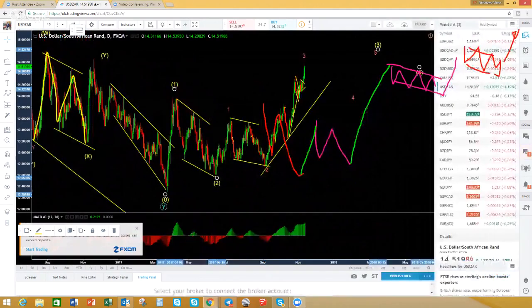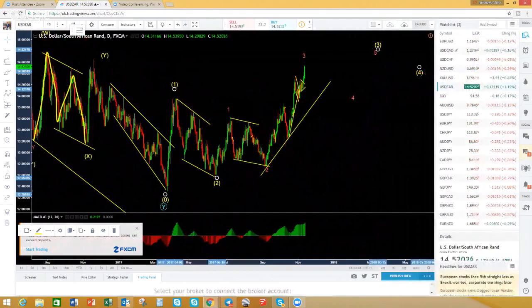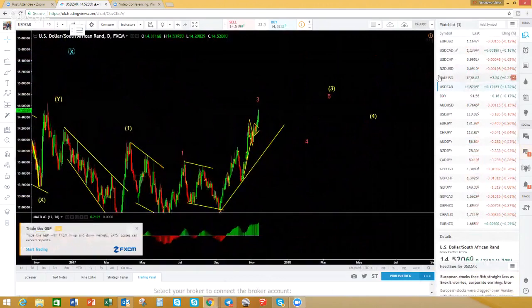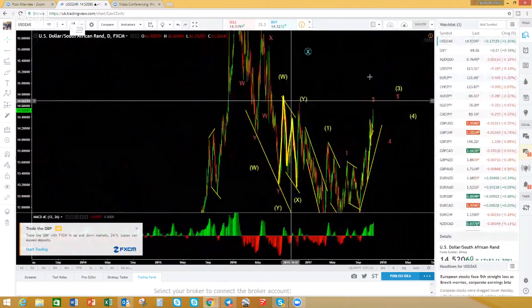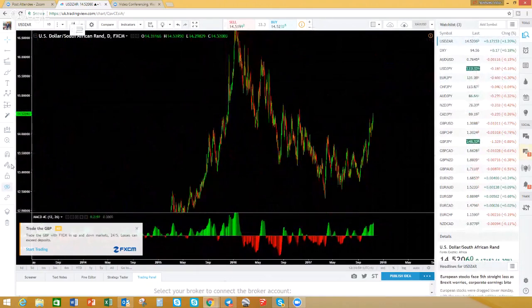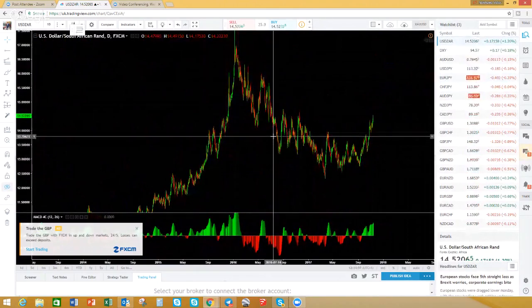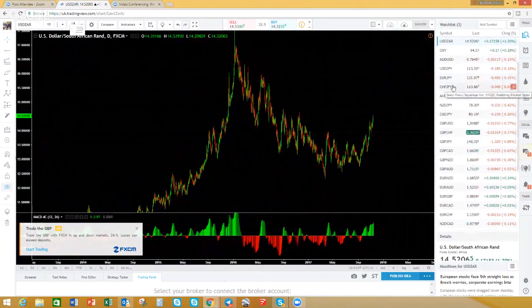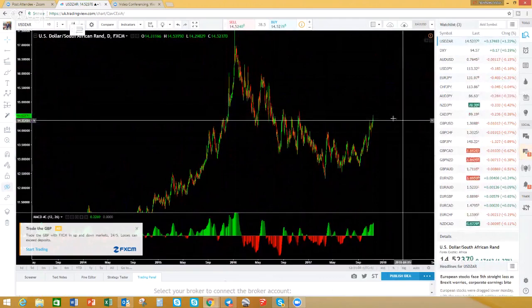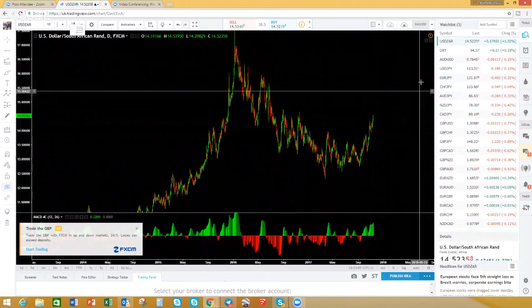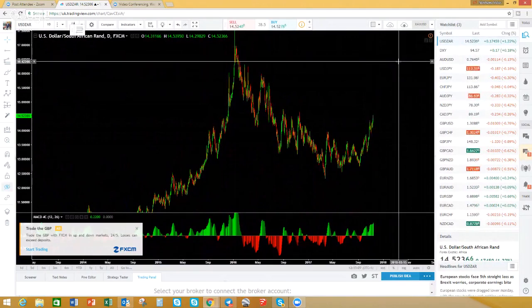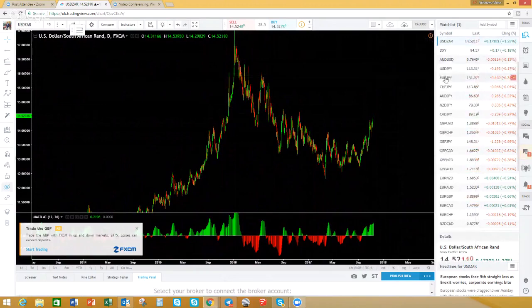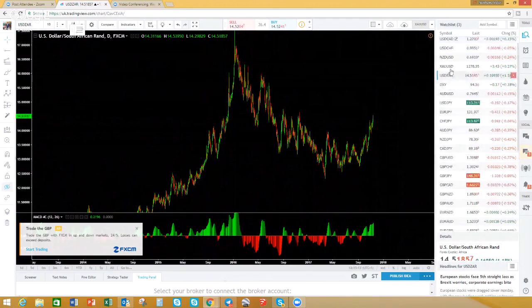That's US dollar ZAR, that's what we're looking at. So wait for that consolidation. When it breaks out of that consolidation, you can ride the trend. So the next one, let's do gold.